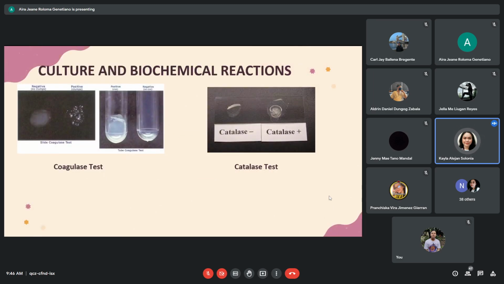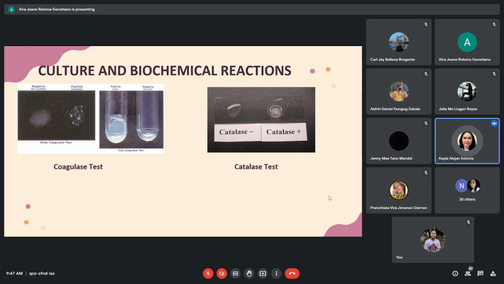Culture and biochemical reactions. In culture, the medium used here is the blood agar plate. It shows a yellowish colony surrounded by a white zone of beta hemolysis. In biochemical reactions, there are two types of tests, the coagulase and catalase tests. In the coagulase test, there are two types, the slide coagulase and tube coagulase tests. In the slide coagulase test, a negative result shows no clumps, while a positive result shows clumps.